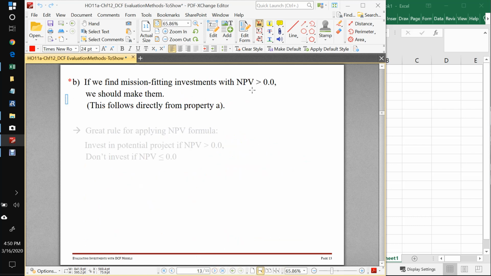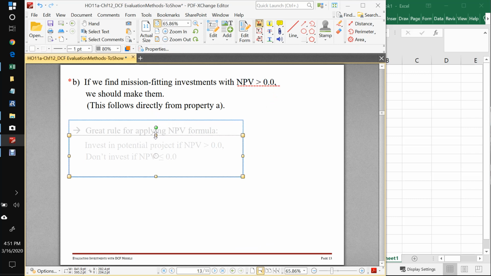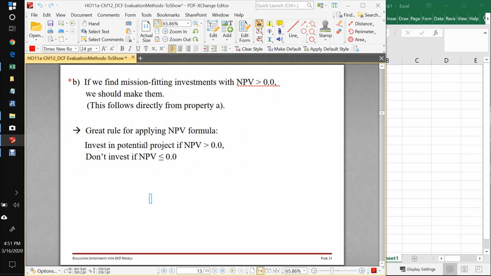But if we find something with an NPV that's bigger than that, it implies we expect to do better. So we should invest whenever the NPV of a project is greater than 0. That gives us a great rule for applying the NPV formula: invest in a potential project if the NPV is greater than 0. If it's less than or equal to 0, don't bother. What could we do instead? We could put the money we have into our opportunity cost investment, and that would be great.